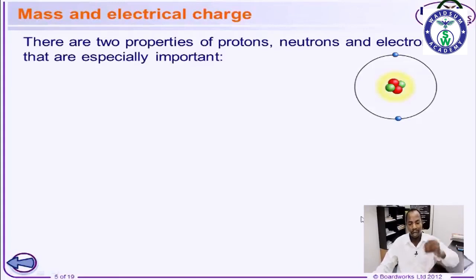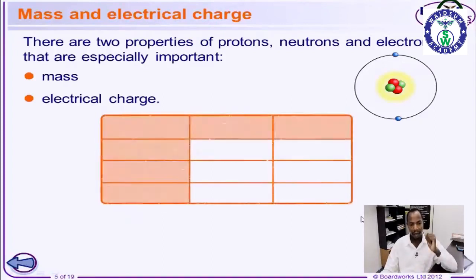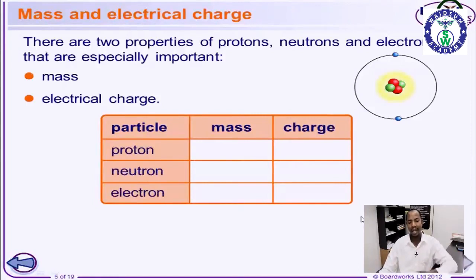The protons, neutrons, and electrons all have mass and charge. So we're going to look at these two properties of the subatomic particles of the atom. They have mass, and they also have what? The charge. Let's take a look at the mass and charge of each subatomic particle.